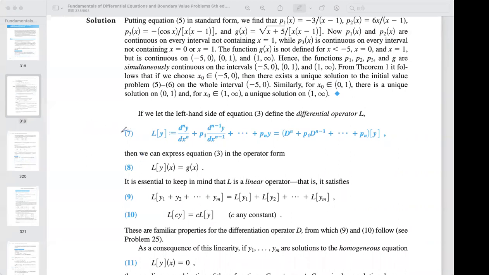We will learn dy over dx equals d over dx of y equals capital D y. So D here is actually d over dx. Okay, so let me erase this.